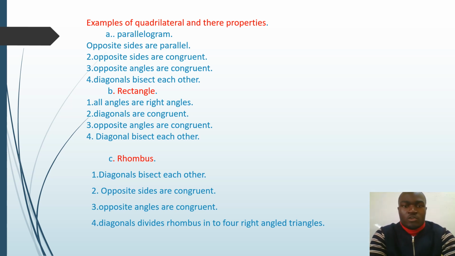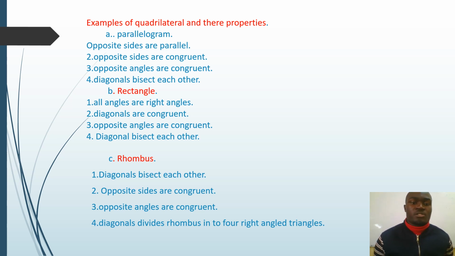Yes, so let's continue with the properties of quadrilaterals. Property number 2 is a rectangle. In a rectangle, we have 4 properties.